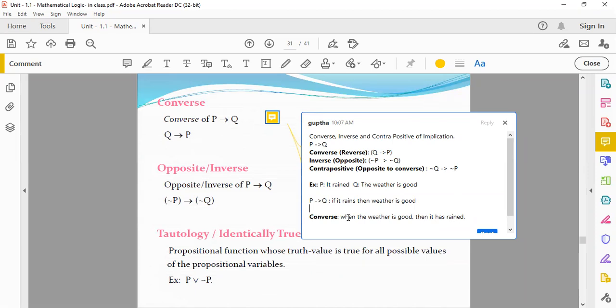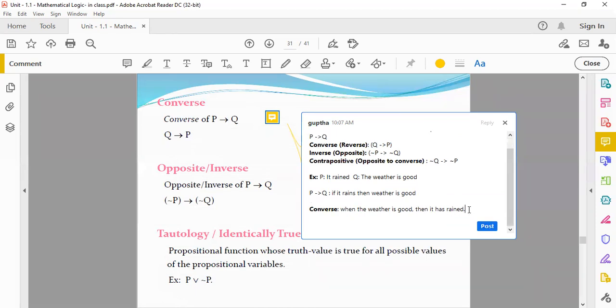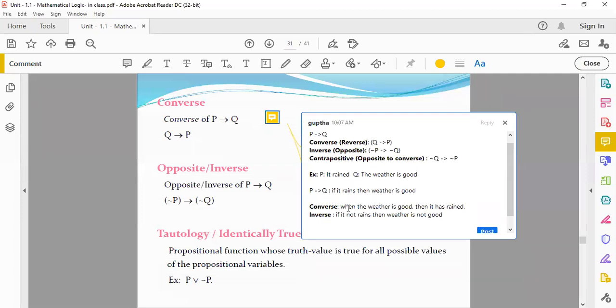What is the inverse? If it does not rain, then the weather is not good. Very good answer. Okay, "if" is mandatory, otherwise you can mention it like that.